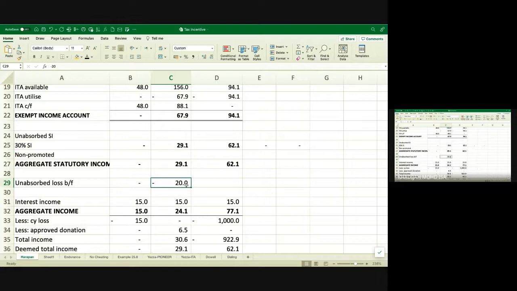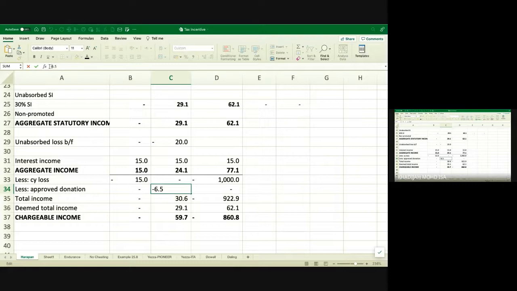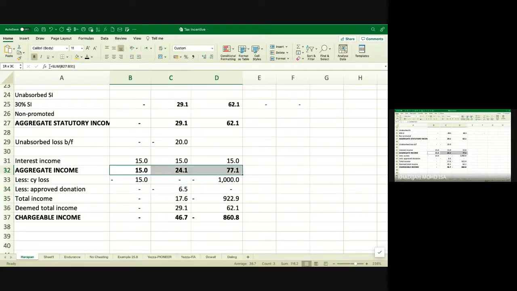So 29.1 minus 20 unabsorbed losses plus 15, that's how you get 24.1. And there's no current year losses, and approved donation is 6.5. I think this one is minus 6.5. So, not here.